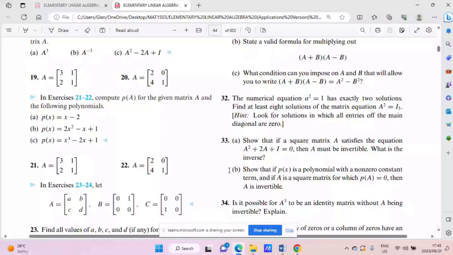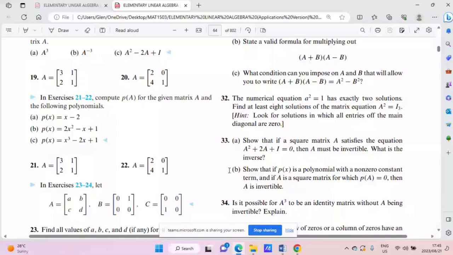Can you please repeat the one you just said now? Okay, let me start here. The matrix that we have now is 2, 0, 4, 1 for your x, and for your 2 you should have 2, 0, 0, 2.